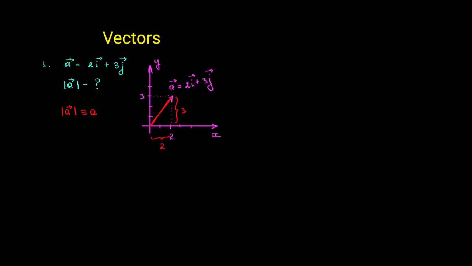If there is no arrow above the letter a, it means it is the magnitude of a vector, right? Now, a is equal to the square root of ax square plus ay square, where ax is equal to 2 and ay is equal to 3.